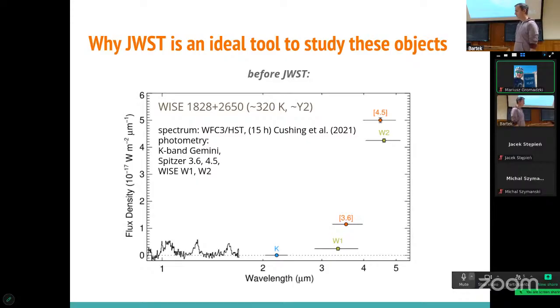You can see the spectrum right here in the near infrared, coming from Hubble observations using 15 hours of integration time, only to get this little emission and a few photometric points that could be measured. So there's WISE, two filters, and Spitzer observations. And that was it. They were simply too faint to do anything more until James Webb was available.